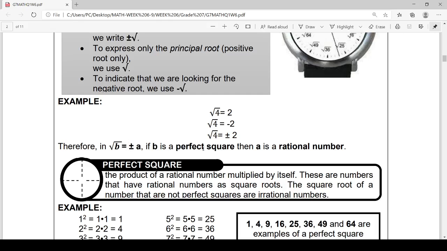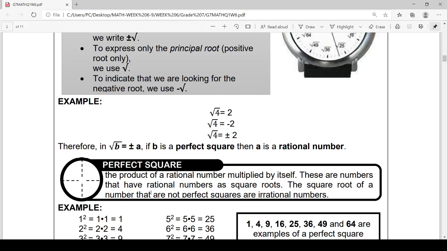If b is a perfect square number, then a is a rational number. So what do you mean by perfect square? Perfect squares are the product of a rational number multiplied by itself.